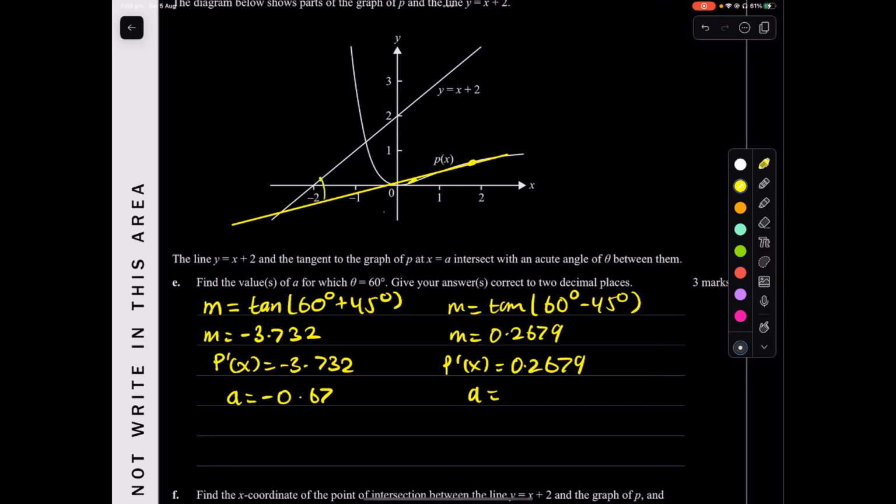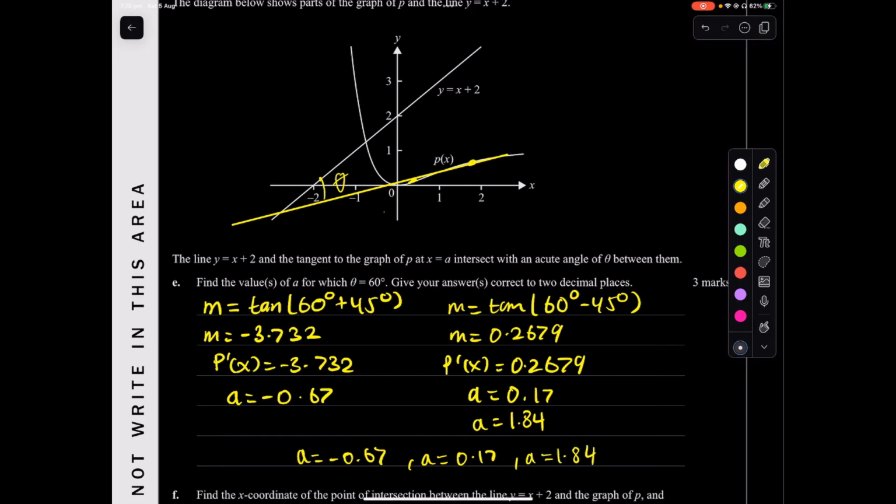Which looks like theta would be around 60 degrees, too. Okay, so 0.17 and a equals 1.84. So your values is negative 0.67, a equals 0.17, and also a equals 1.84.